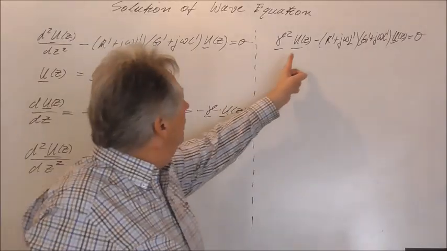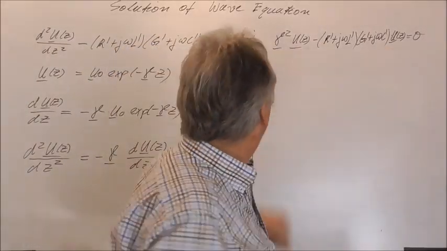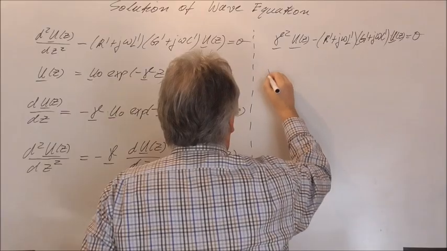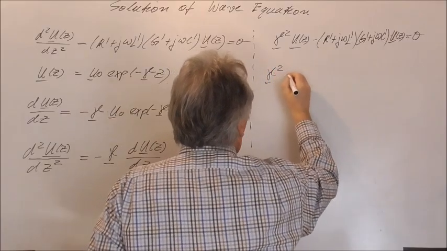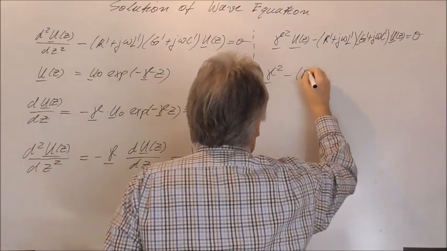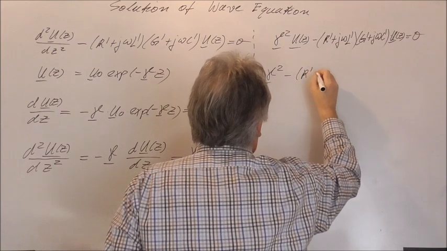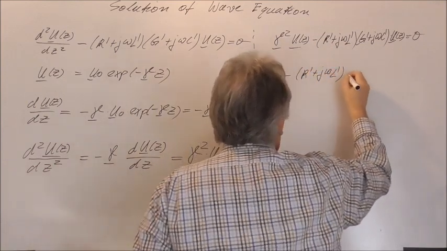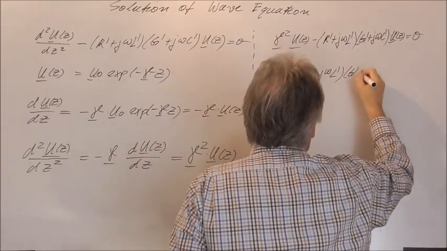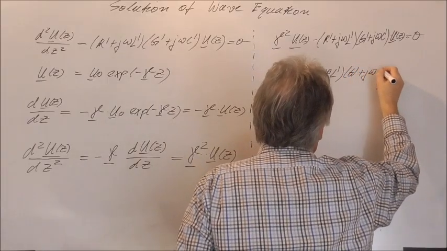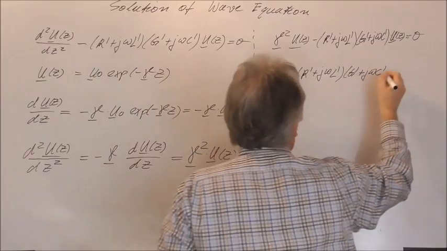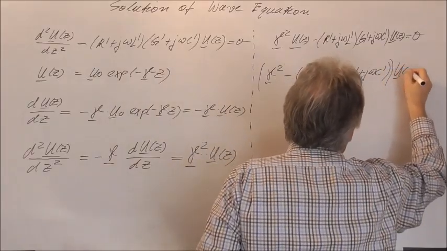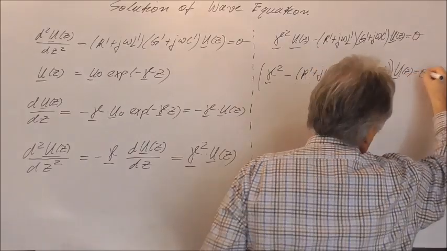And you see here in both cases we have u of z, so we can rewrite this in two terms: gamma square minus r prime plus j omega L prime times g prime plus j omega c prime, times u of z has to be 0.